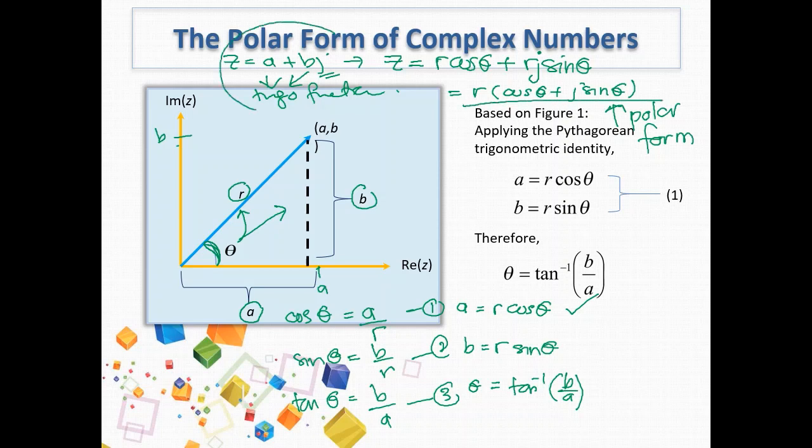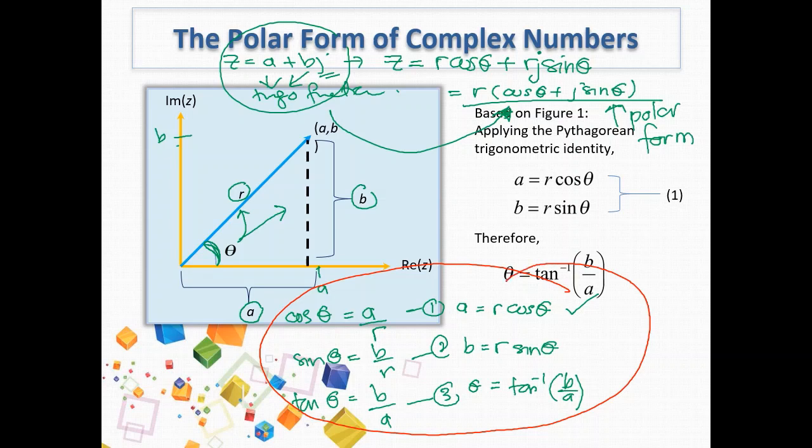From standard form to polar form, you see, it is really related to this. You just need to master this part. So A is r cos theta, B is equal to r sin theta.